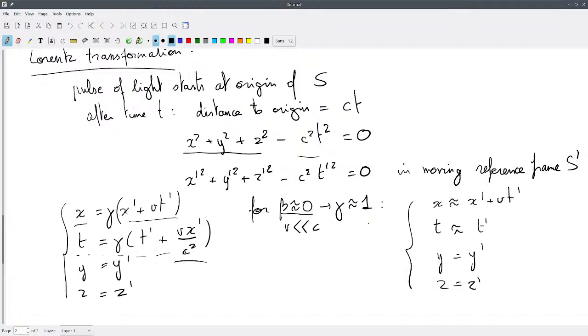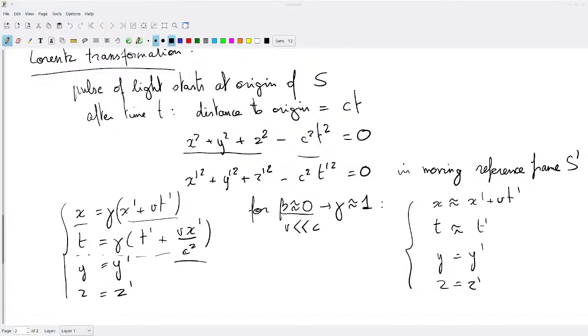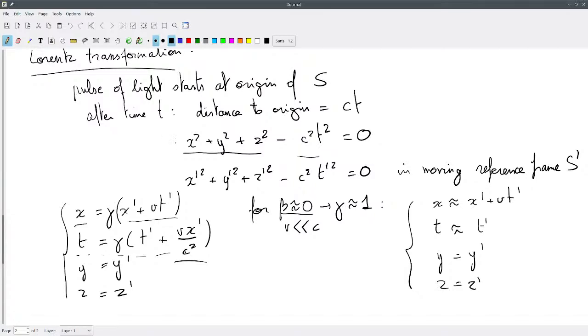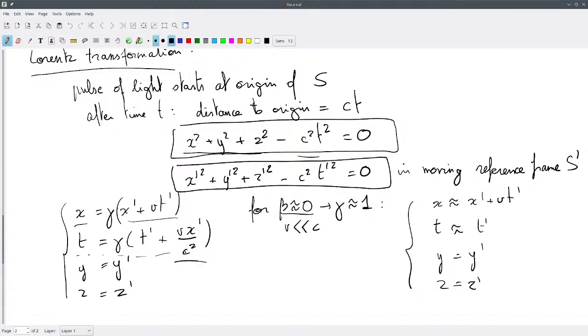But this also satisfies the second expression when the first one is satisfied, and the other way around. So for our light pulse that starts at the origin, we can calculate what is x squared plus y squared plus z squared minus c squared t squared, and write it in terms of the primed variables.